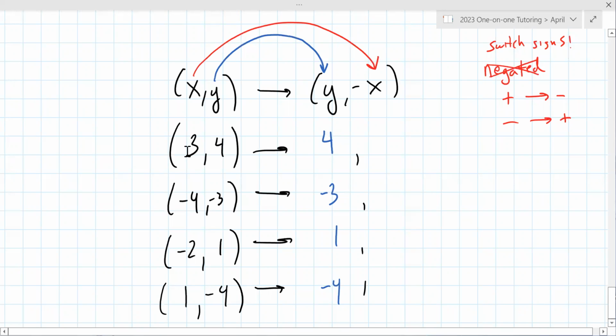So you look at the x value. What's the first x value there? 3. So you negate it, or switch the signs. What is it? Negative. Okay. What's the number that goes down below here?